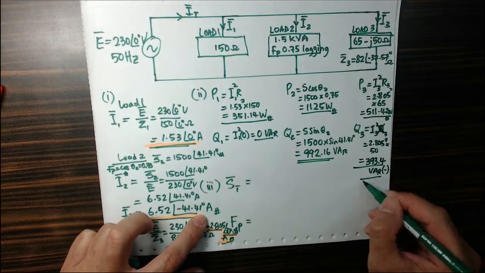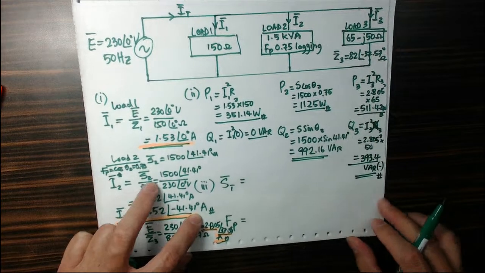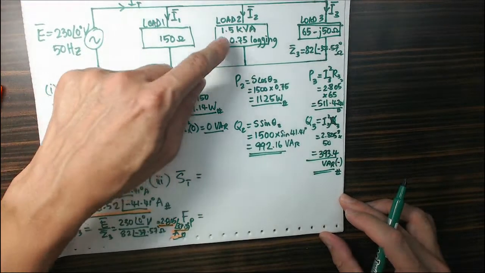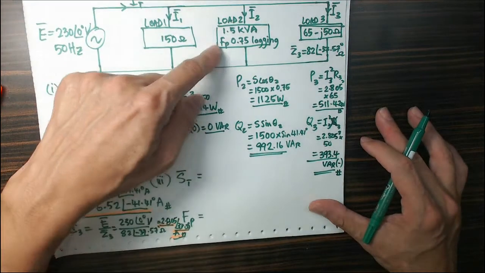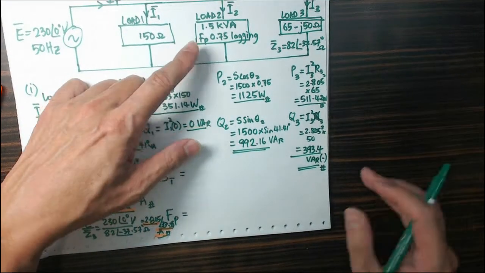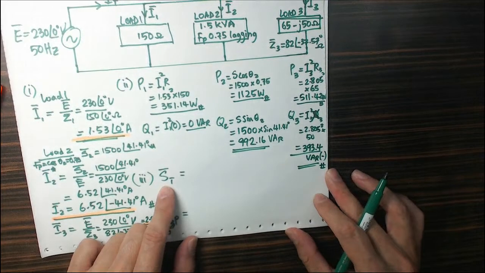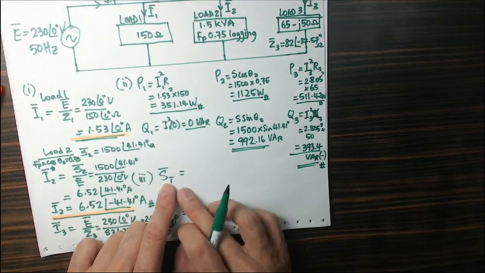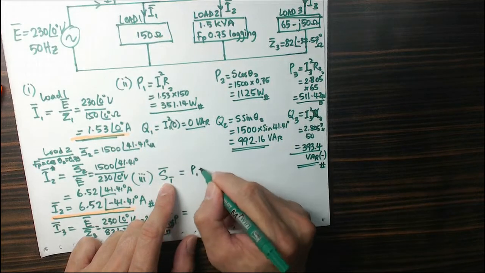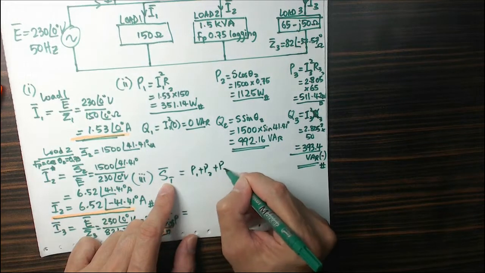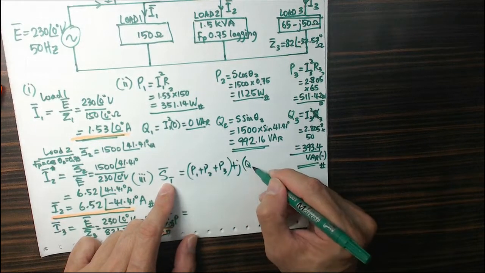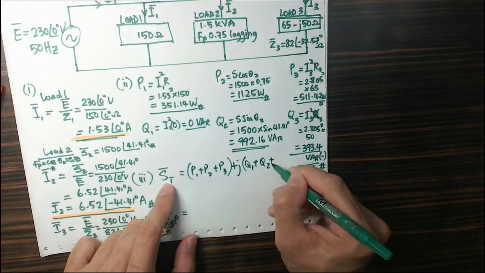Alright, so that's my real power for load 1, reactive power for load 1, real power for load 2, reactive power for load 2, and real power for load 3, and the reactive power for load 3. Now to calculate the total apparent power, all I need to do is add up all the P's, P1 plus P2 plus P3, plus J of Q1 plus Q2 plus Q3.